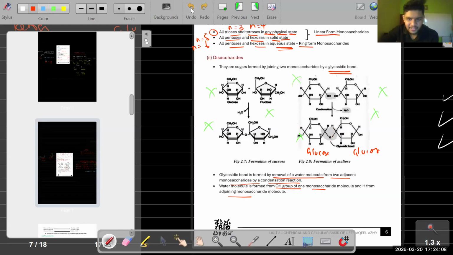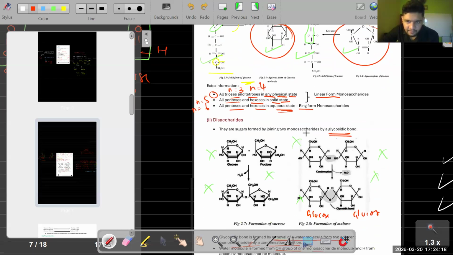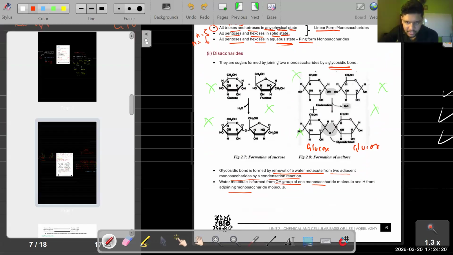Solid. You are saying solid. Let's then check here. Hexoses in solid form appear in linear form. Hexoses in aqueous form appear in ring form. Is this structure linear or ring?